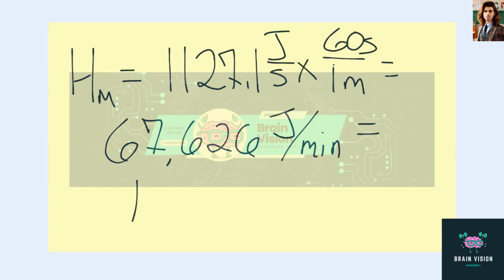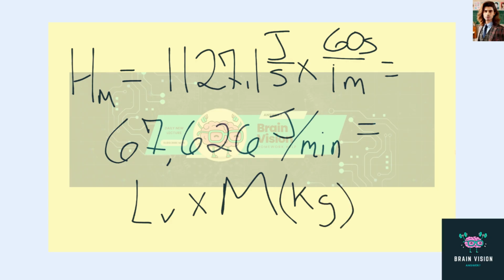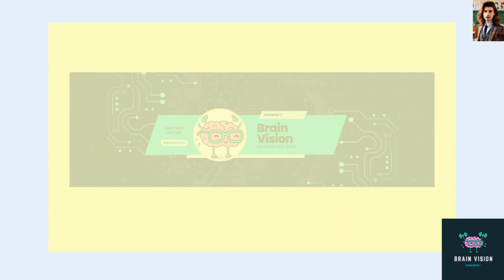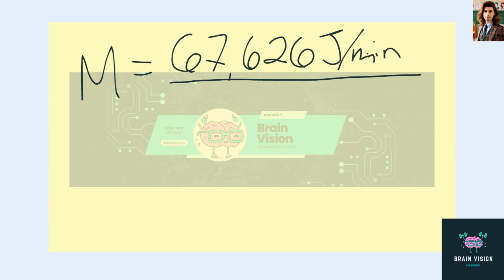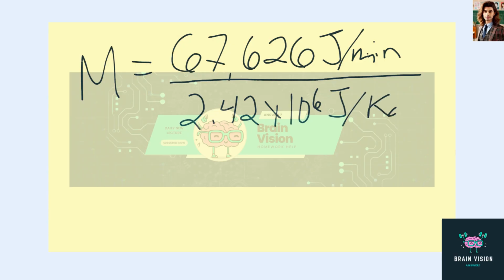Right, so that's just L_V times my M, and that'll be in kilograms. So M equals 67,626 joules per minute, which is the heat generated total on the runner, divided by the heat of vaporization for water, that was our 2.42 times 10 to the 6 joules per kilogram.